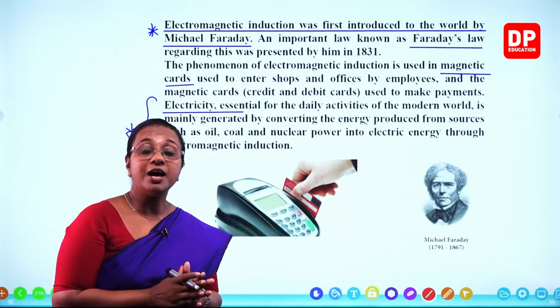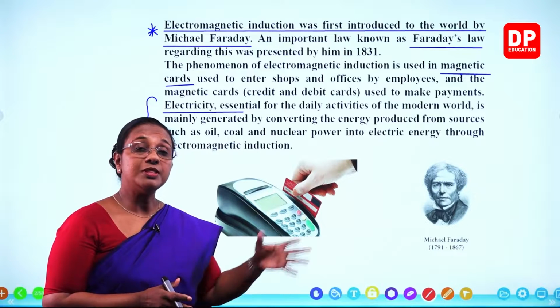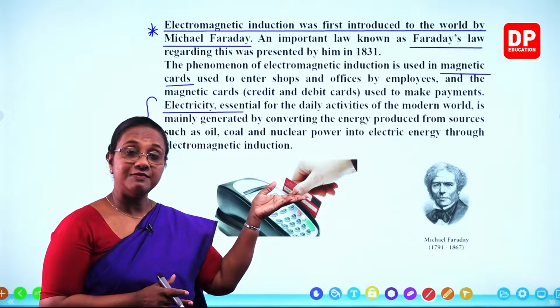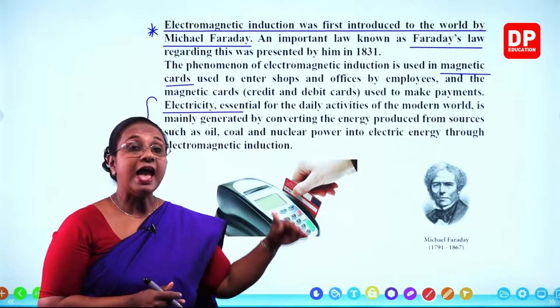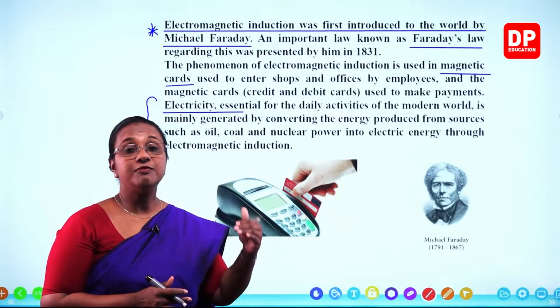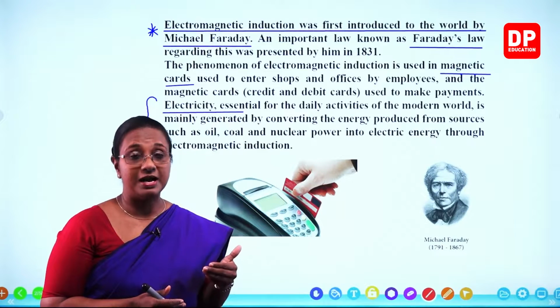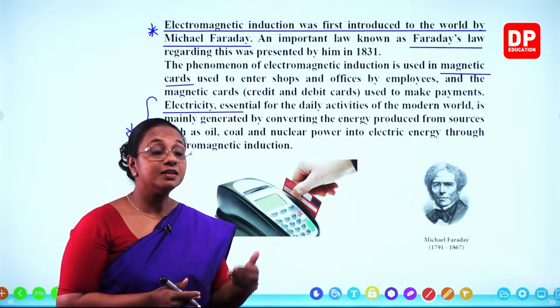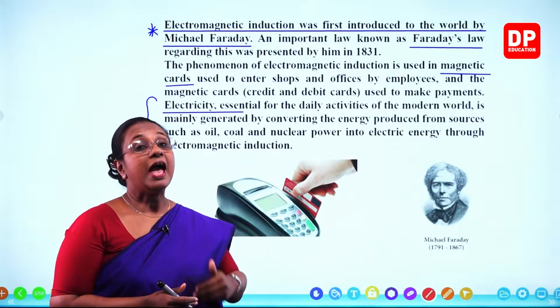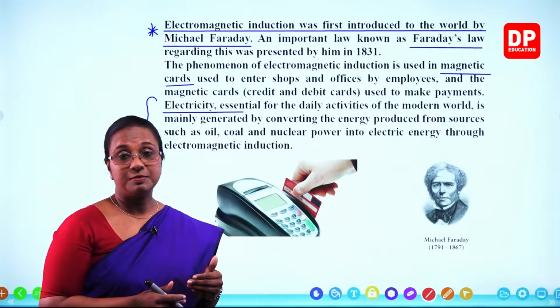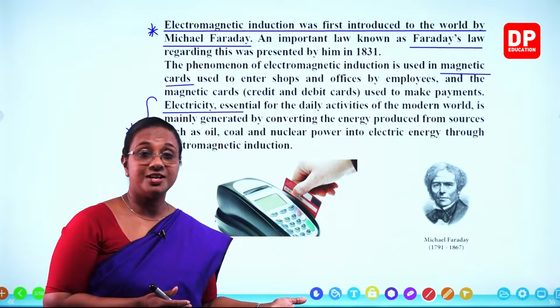Now, if you take a hydropower plant, you all know that the water stored at a higher elevation flows down, and when that flows down, it falls onto a turbine. There the turbine rotates, and due to this rotation of the turbine, electricity is generated.